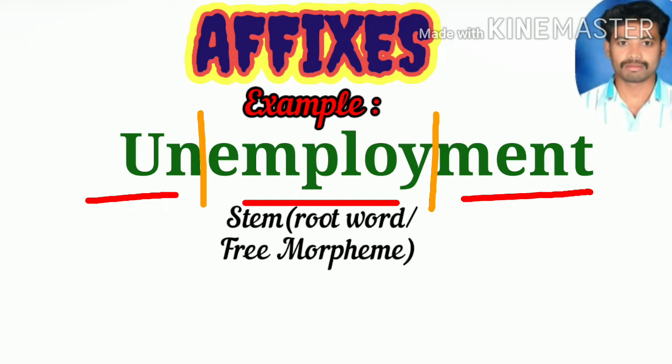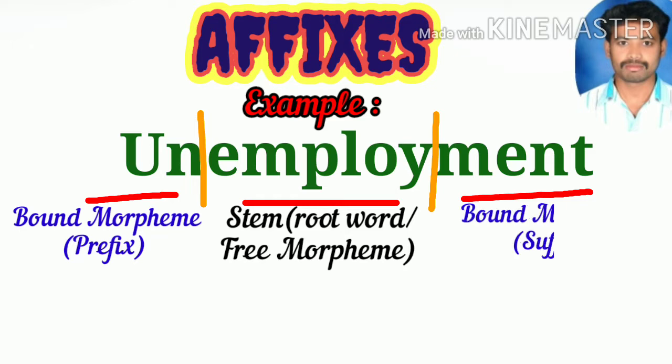Here un is called a bound morpheme. It is not going to give any meaning independently, so that's why we call it a bound morpheme. And at the end of the stem we observe ment. That ment also doesn't give any meaning, so it is also a bound morpheme.